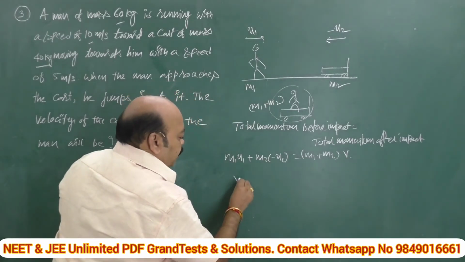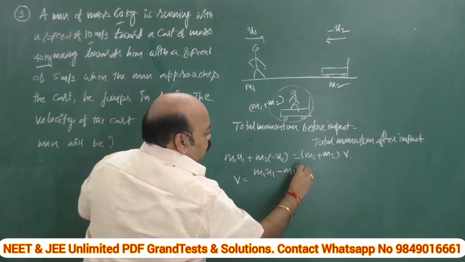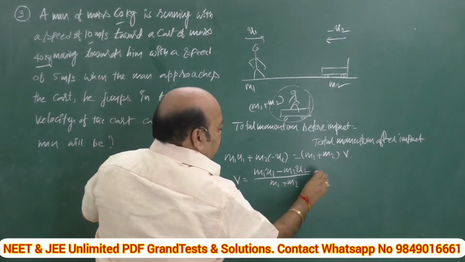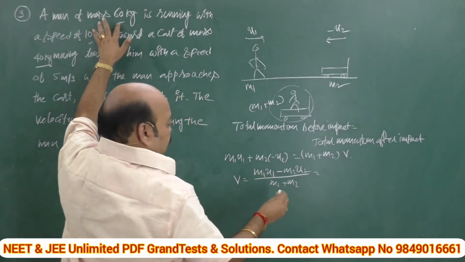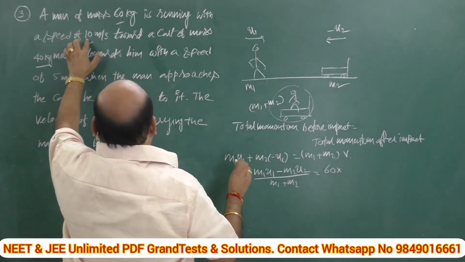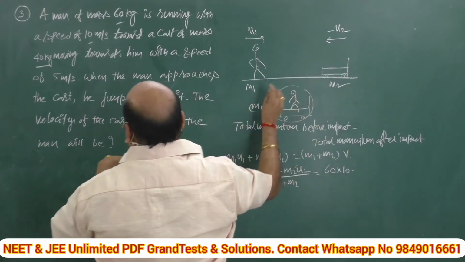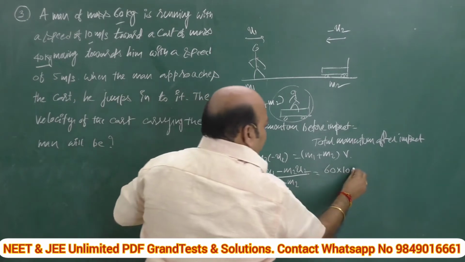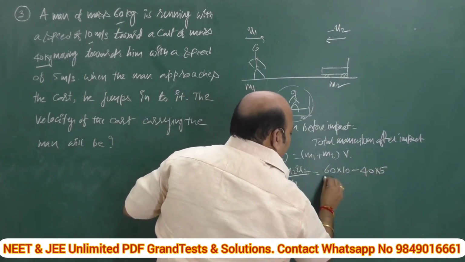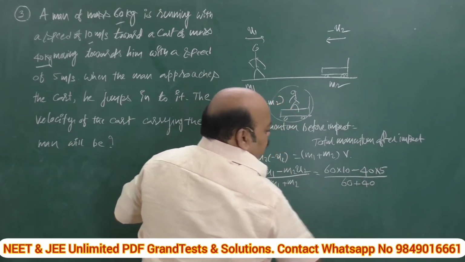Now our job is to calculate what is the common velocity. Common velocity v is equal to m1 u1 minus m2 u2 divided by m1 plus m2. Simply substituting the values: m1, the mass of the man, is 60, with a velocity of 10 meter per second, minus m2, the mass of the cart, 40, with velocity 5, divided by the total mass, mass of the man plus mass of the cart.